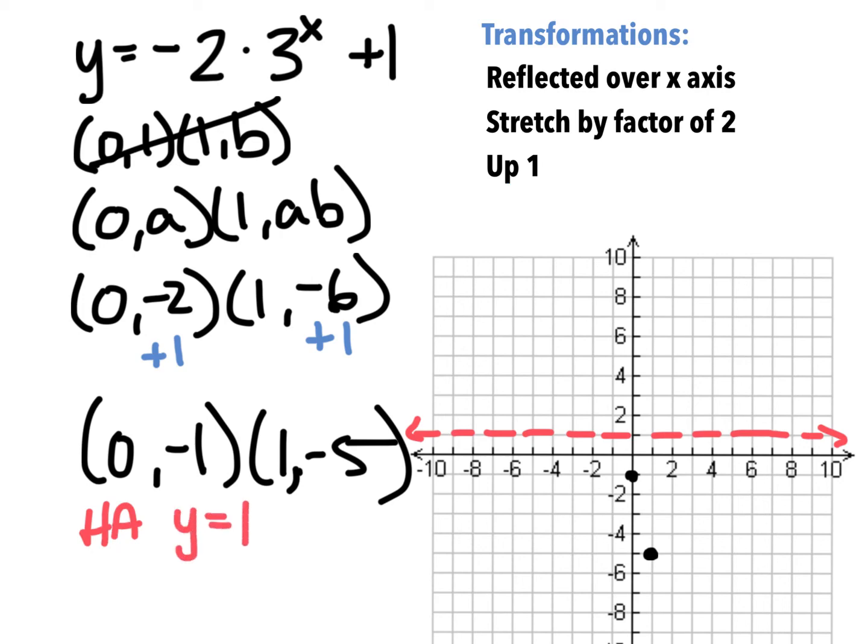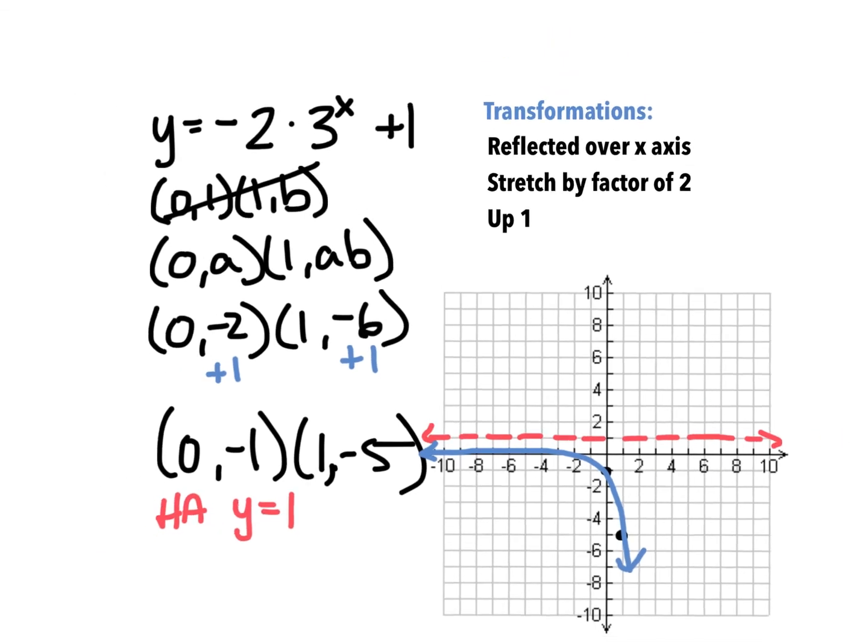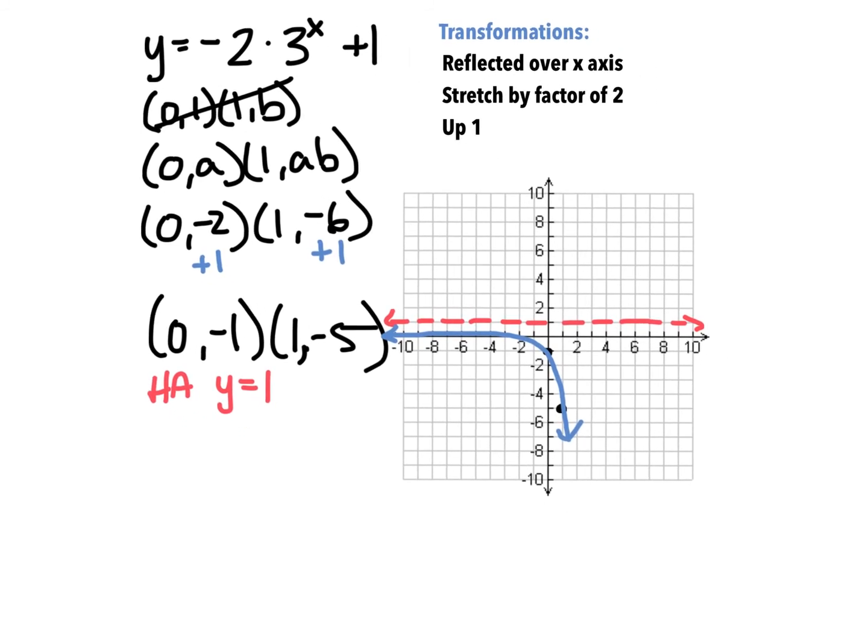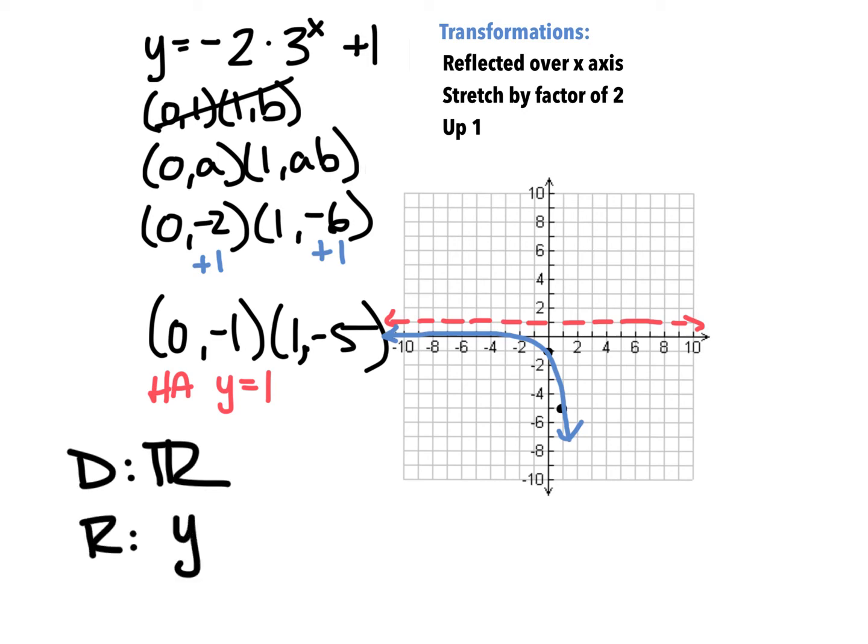And because it got reflected, this graph is going to go from left to right and fall like that. What's the domain of this function? Well, the domain is still all real numbers because it goes forever left and right. But the range is all the y's less than 1.